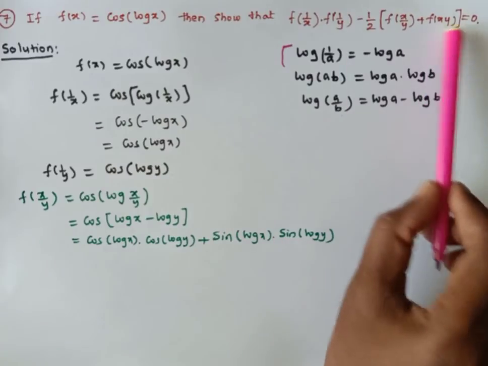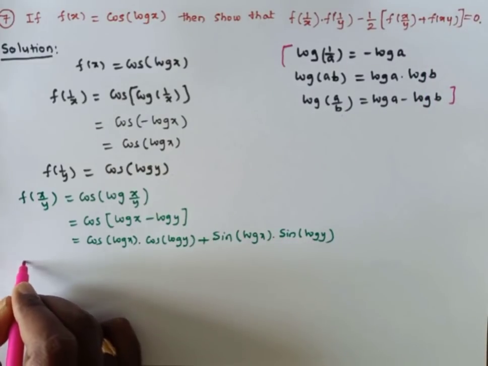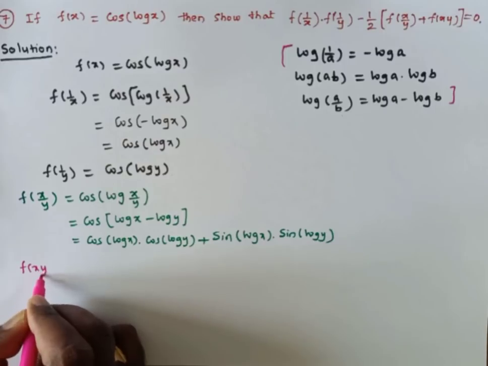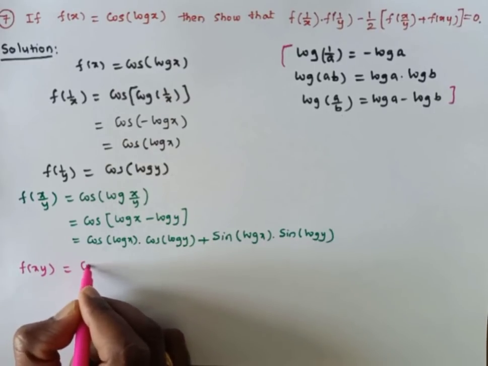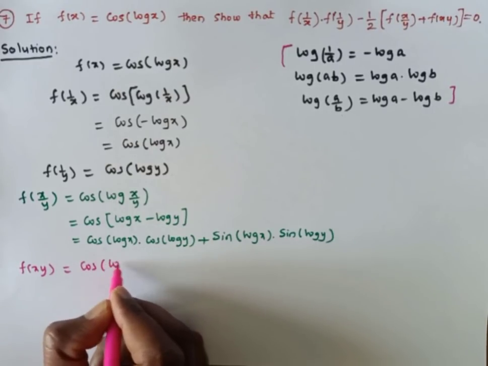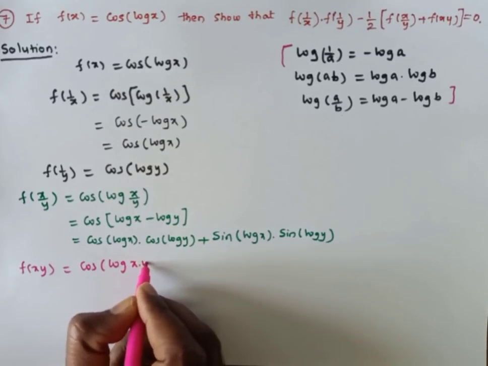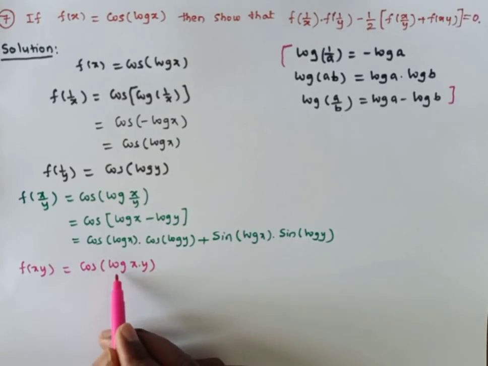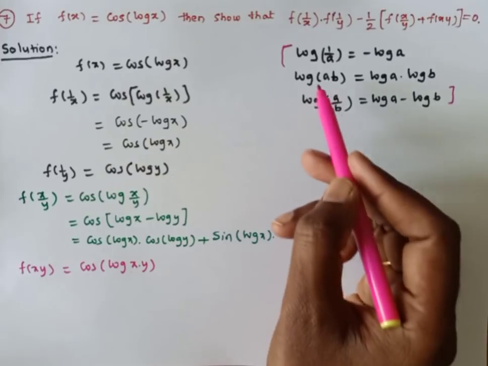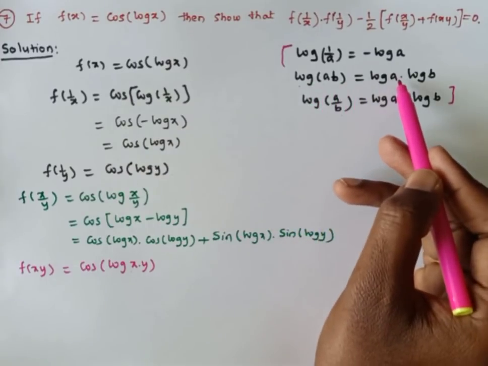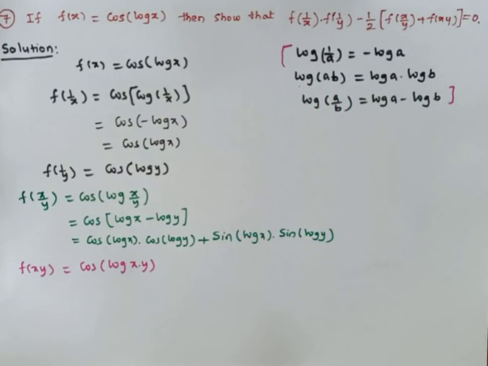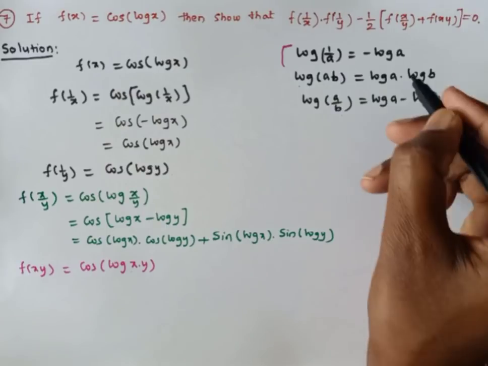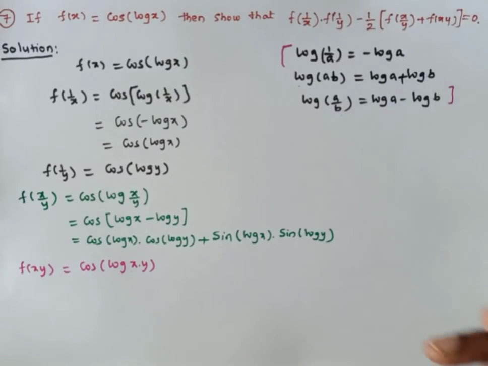Similarly, you need to find one more value, that is f of x into y, which is cos of logarithm of x into y. It is in the form of log of a into b. There is a formula: log of a into b is log a plus log b, not log a into log b.